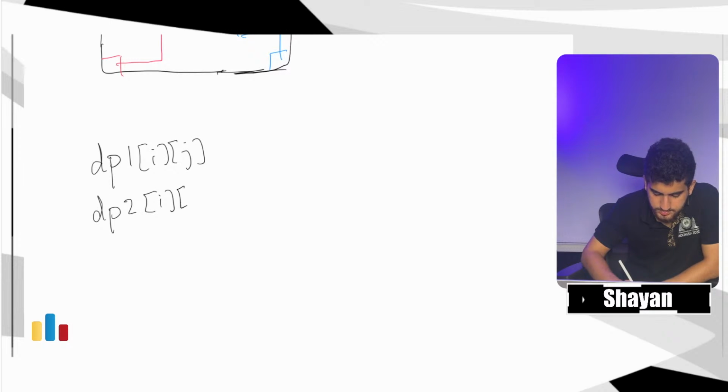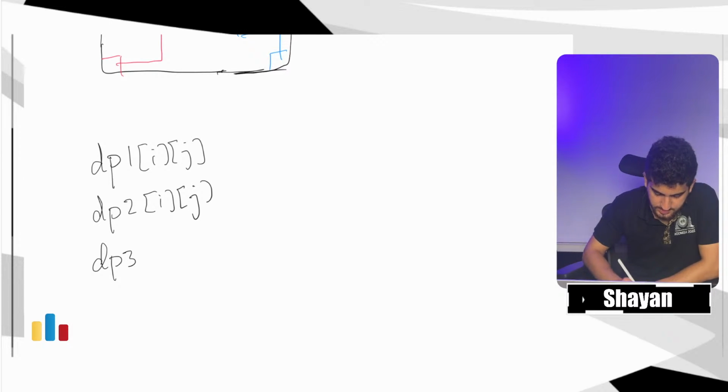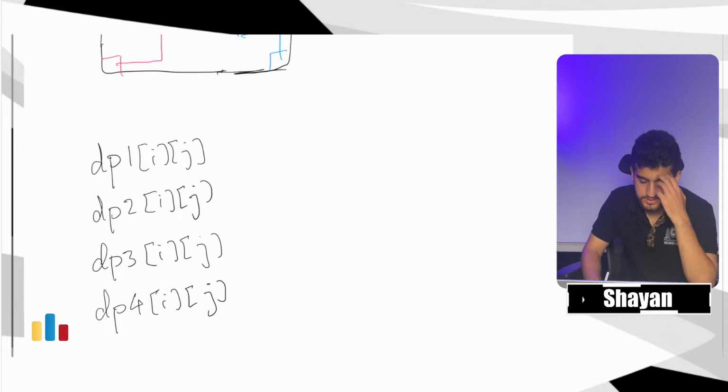I could also have this 1, 2, 3, 4 as another dimension, but for now I prefer to write it like this for explanation. But if you want, you can also have them as dimensions, a 3-dimensional DP such that the first dimension has 4 cases.